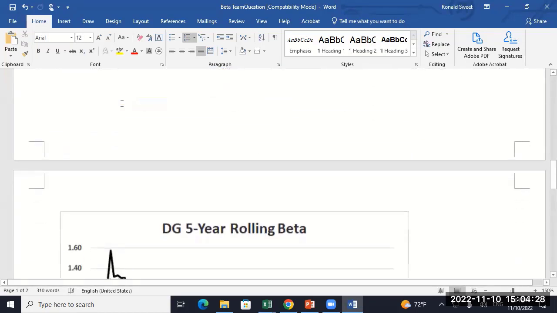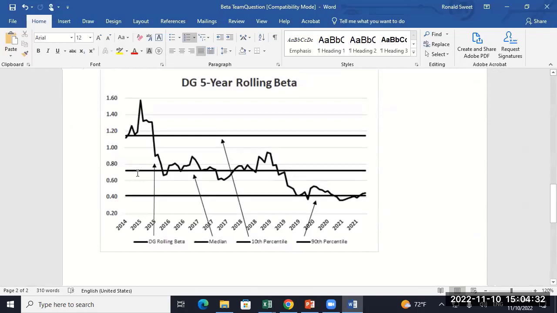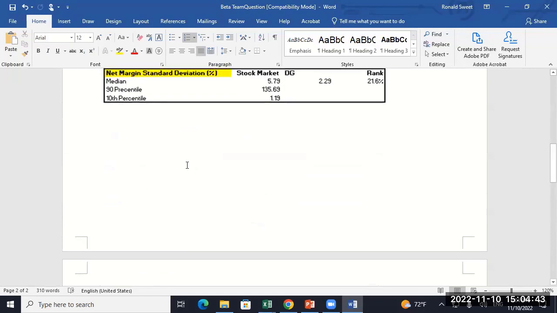And in history, if you look at history, the median is somewhere around 0.7 something, but recently it's been much lower. History somewhat implies, I think I heard Leo's team saying, between 0.4 and 0.8.